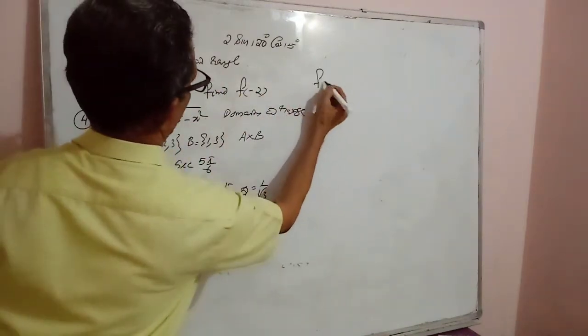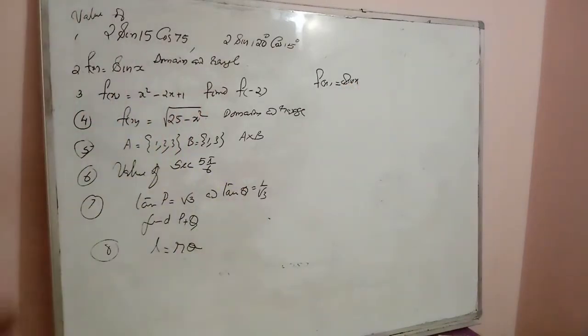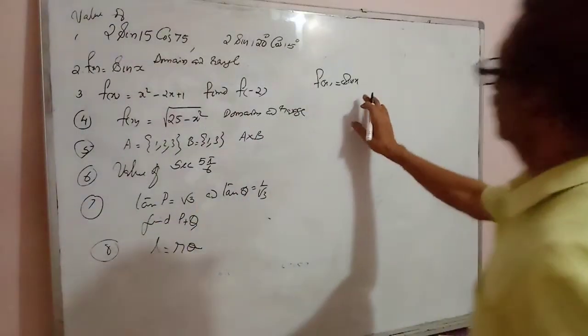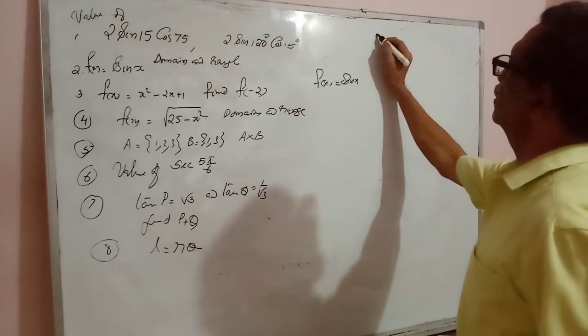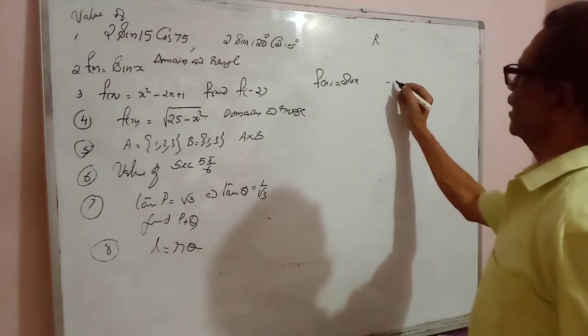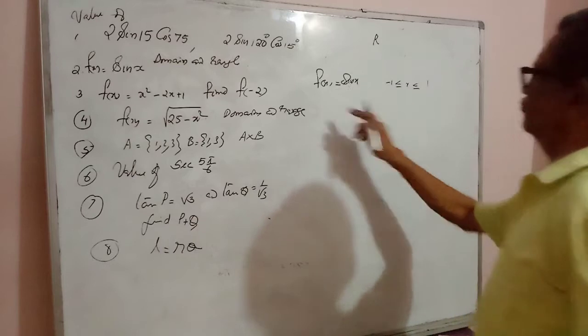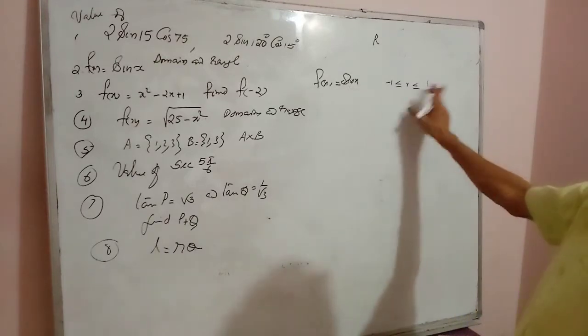the function f of x is equal to sin x, a trigonometric function. You know the domain of this function is the set of real numbers. And what is the range? The minimum value of sin x is minus 1 and the maximum value is 1. So the range of this function is the closed interval minus 1, 1.